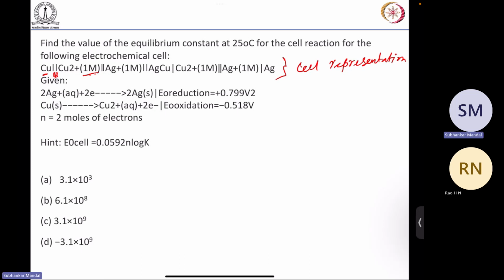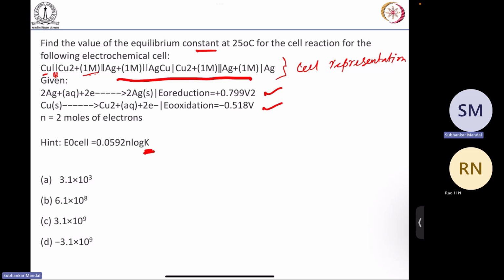So this is the equation, and it is given that two reactions, the potential is given. Then you have to find out and calculate the equilibrium constant k.